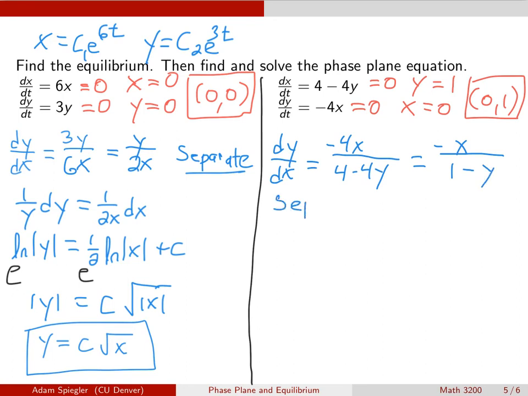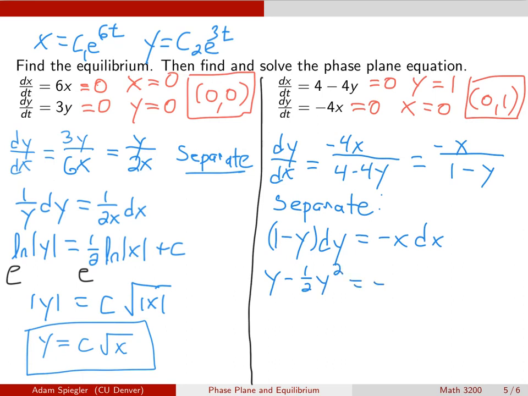Again, we have a separable differential equation, so we're going to separate our x's and our y's. I multiply both sides of the equation by 1 minus y to get the y's on the left side, and I multiply both sides by dx to get the x on the right side. Then we integrate both sides, so I get y minus 1/2 y squared is equal to minus x squared over 2, and we've got our arbitrary constant.